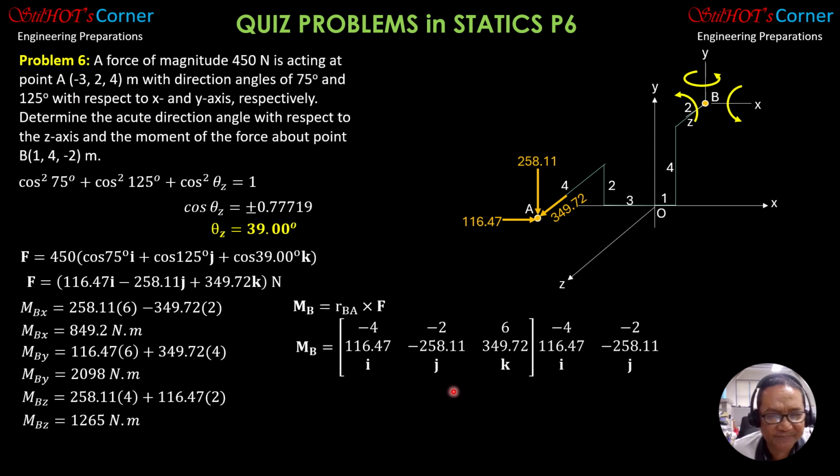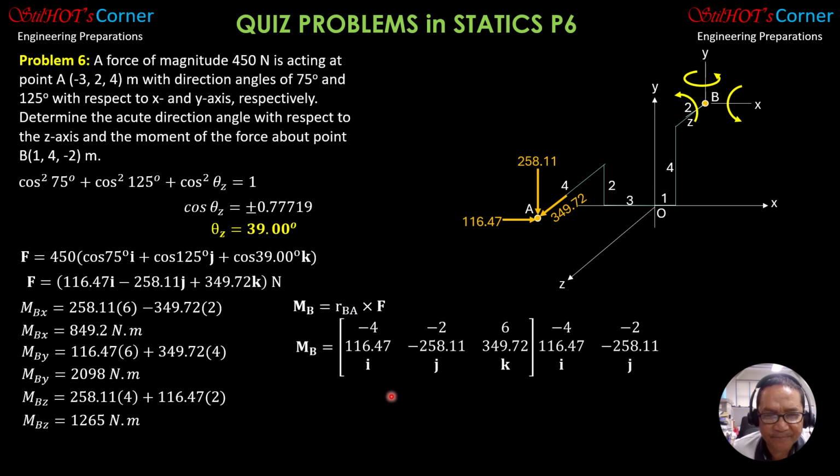So it checks. Then for j, 6 times 116.47, then minus 349.72 times negative 4, so that's plus 349.72 times 4. So it also checks 2098.